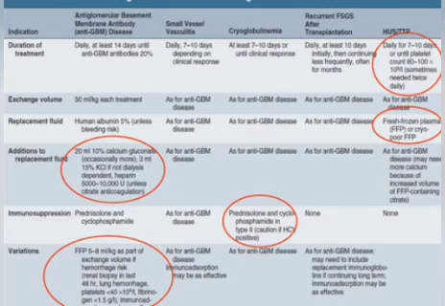So in cases of anti-glomerular basement membrane disease, because the patient is at higher risk for bleeding, you may give 5 to 8 milliliters per kg fresh frozen plasma. But the replacement fluid is still 5% albumin. This fresh frozen plasma is only to prevent the bleeding.